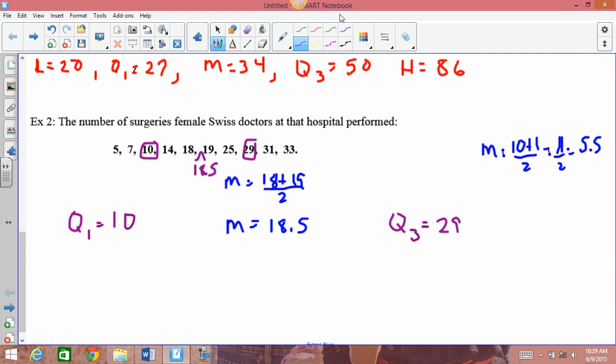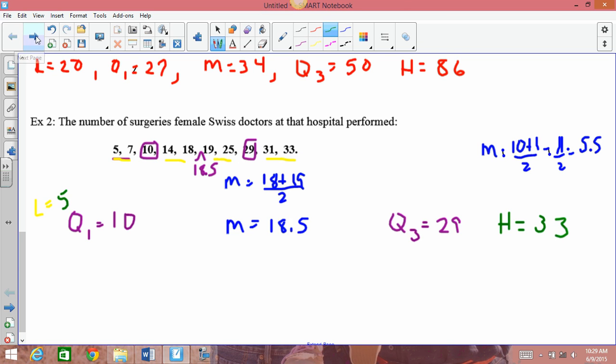And I'll just point out again, we can see that between each of my pieces now I have 2 data points between each of those quartiles. And then my 5-number summary would be, the low would be 5, and I would add in my high would be 33. Okay.